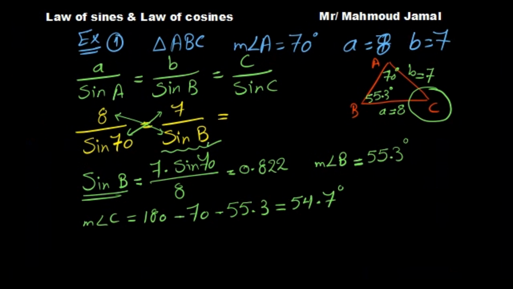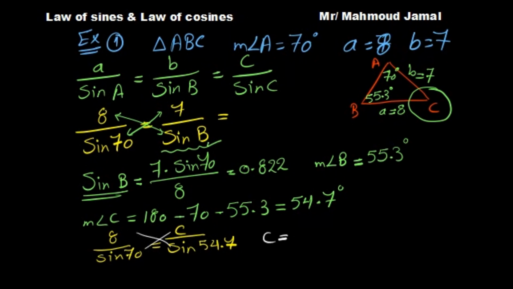Now I can use the rule again. I know that 8 over sine 70 equals C over sine 54.7. I don't know the value of C. I want to find C, so I will do the cross multiplication.